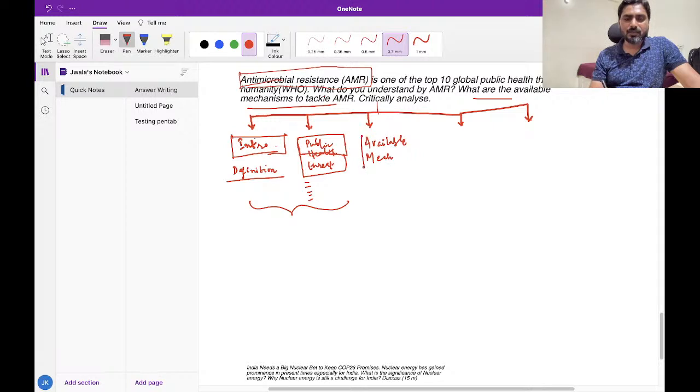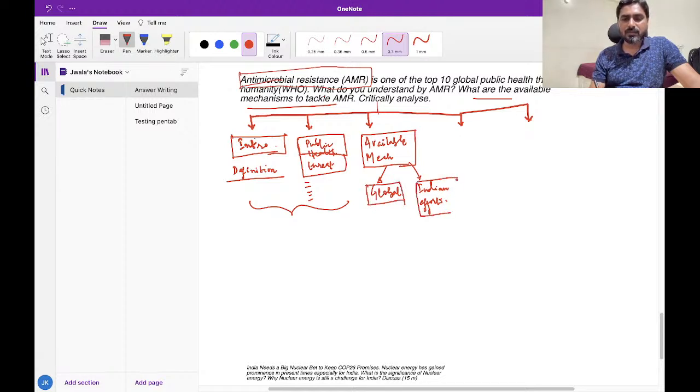What you can do in this, you can bifurcate the global efforts and, let us say, Indian efforts to tackle AMR. What are the global efforts and what are the Indian efforts? So in this way you can bifurcate.